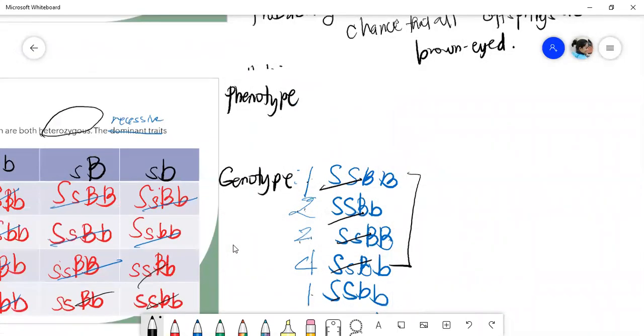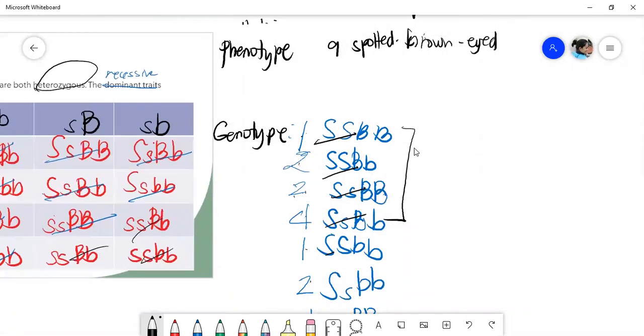You have your phenotype, which is 9 spotted brown-eyed. Okay, so you have 9 spotted brown-eyed.